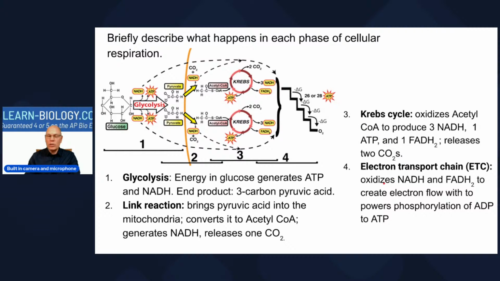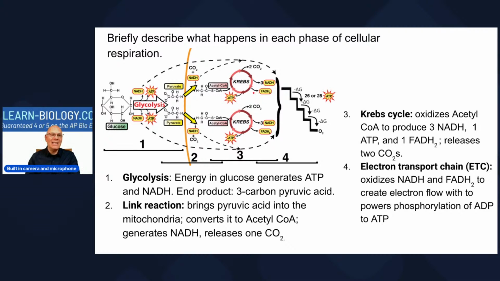That's the electron transport chain, which oxidizes NADH. When these things go from their low energy form to their high energy form, well, something's being oxidized to give them those electrons. These are now reduced. Things that are reduced in general have a lot of energy. Things that are oxidized have low energy. Rust is oxidized.